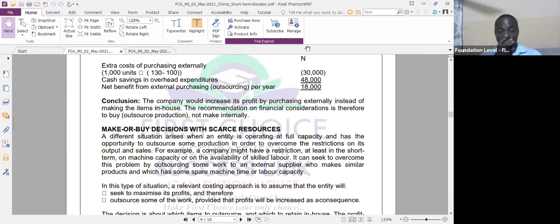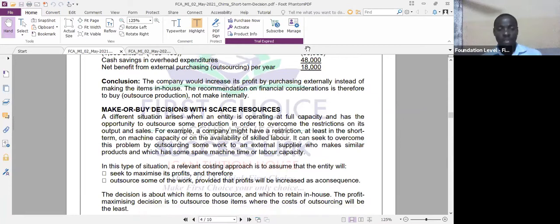Now, in this type of situation, a relevant cost approach is to assume that the entity will seek to maximize its profits and therefore outsource some of the work provided that the profit will be increased as a consequence.